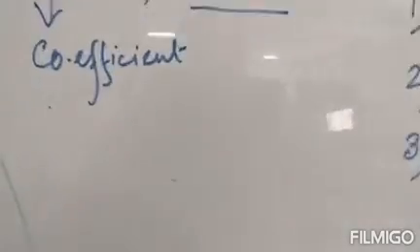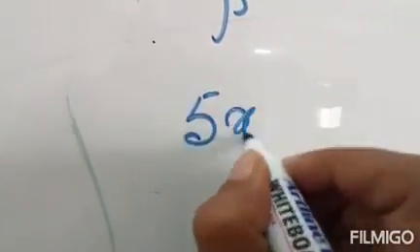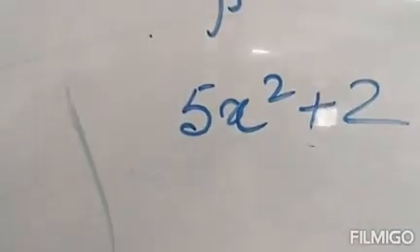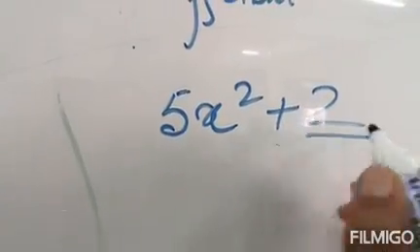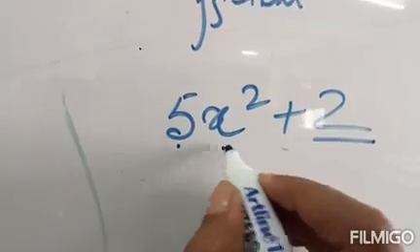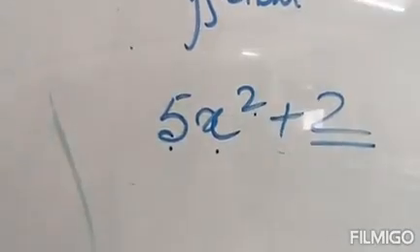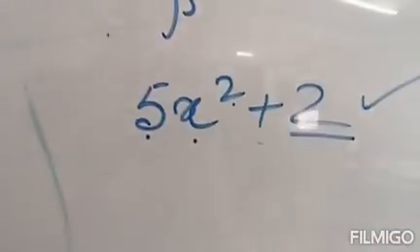Now let's see some example of polynomials. Like if I say 5x square plus 2, here 2 is a constant and 5 is the coefficient of the variable x, and what is the exponent of x? It is 2. So this is a polynomial.